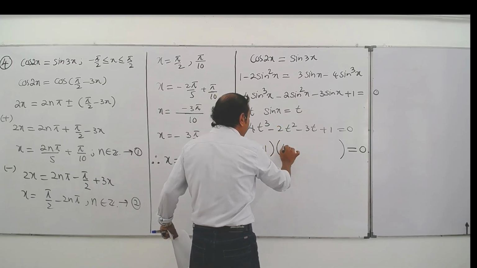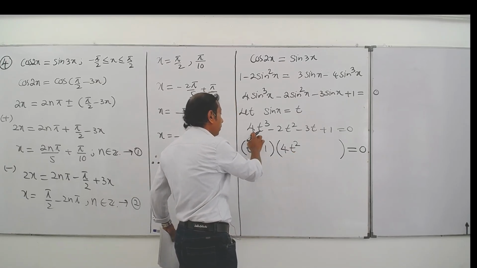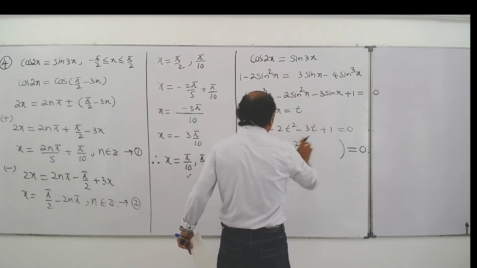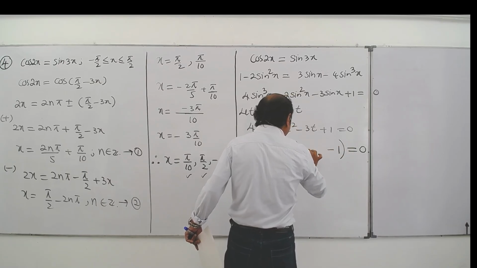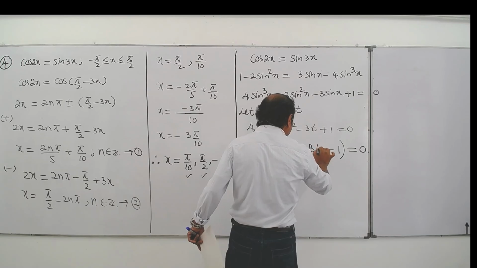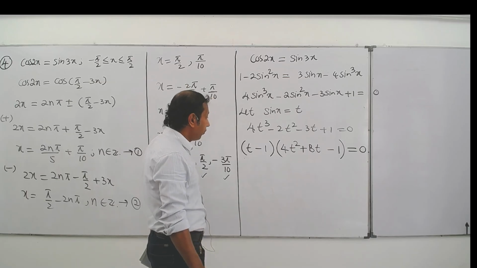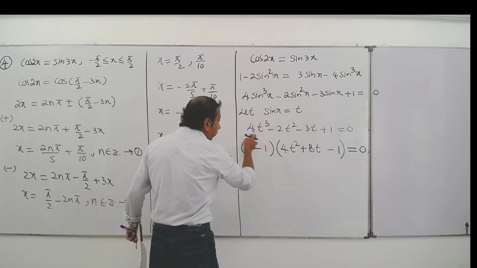Then it should be 4t squared here. Then only this and this product will give us 4t cube. Here we have plus 1, and since here we have minus 1, here we have to have minus 1. Here I take the next term as bt. B only we need to find. B can be found like this.